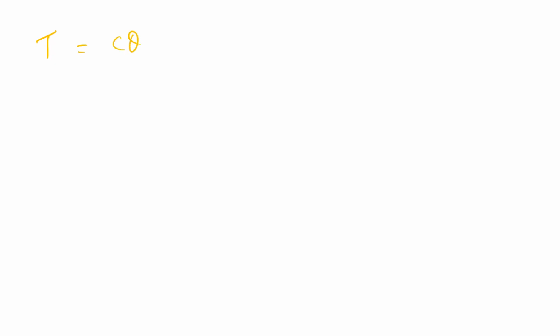First row: C theta, then minus S theta, then 0 and A. Putting the indices, it is C theta i, minus S theta i, 0 and a i minus 1.